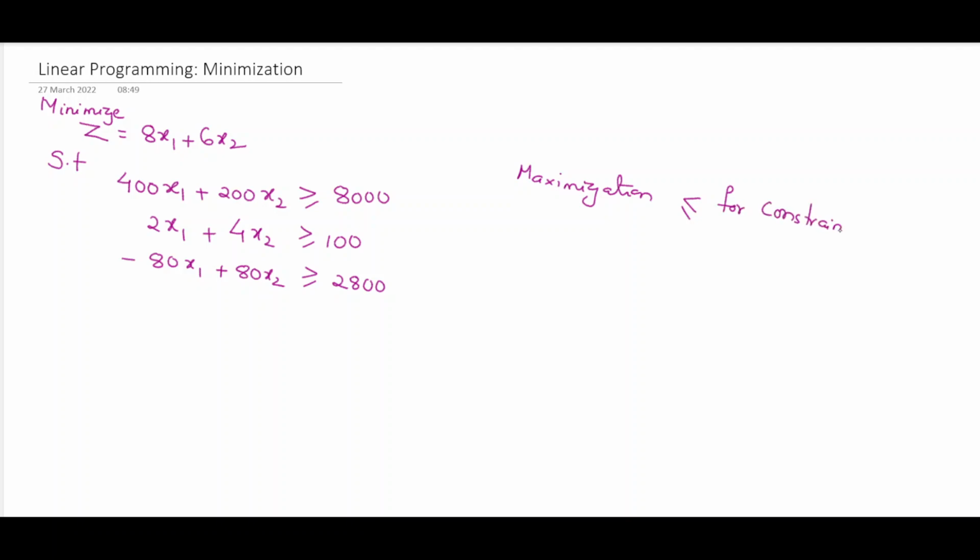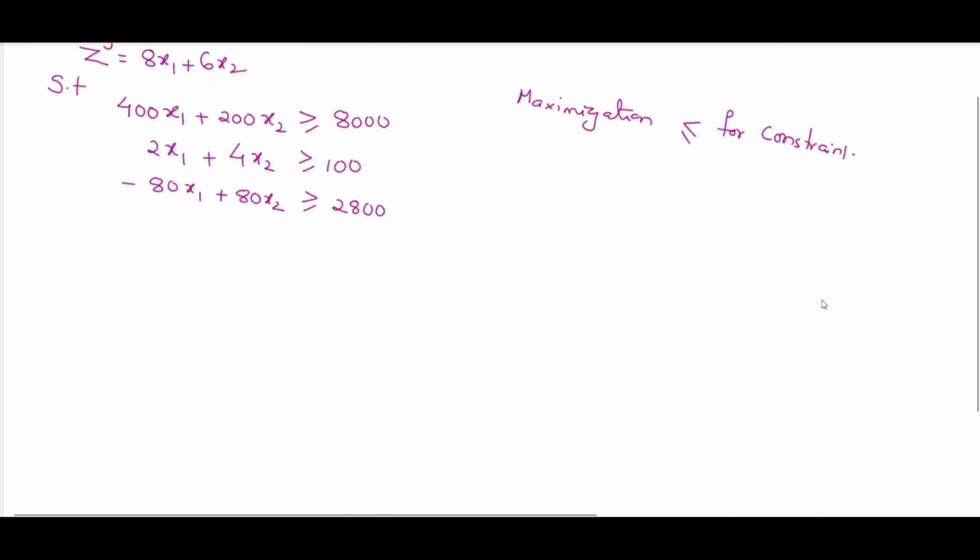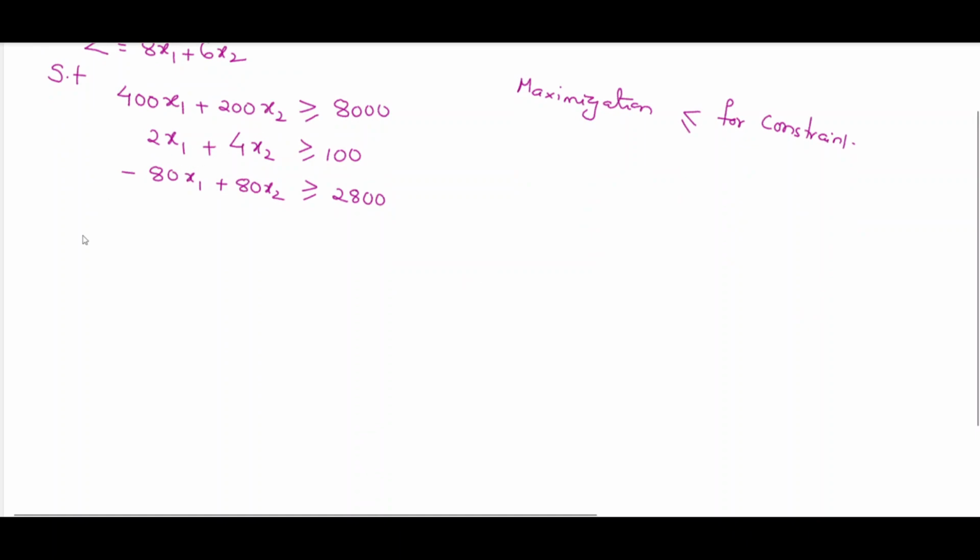Now, this is the question given to you. The first step is to form these three inequations, because we have the inequality symbol. Now we will convert these inequations into equations. So our solution starts from here.